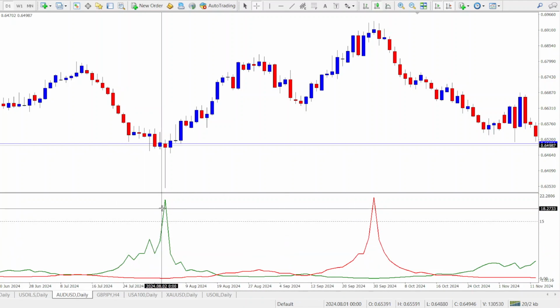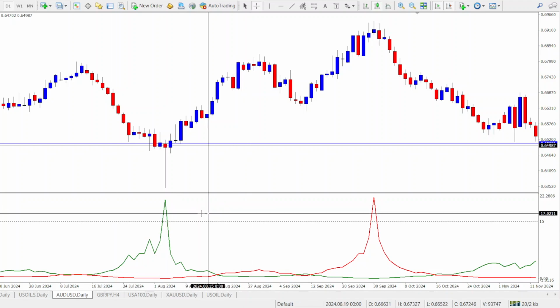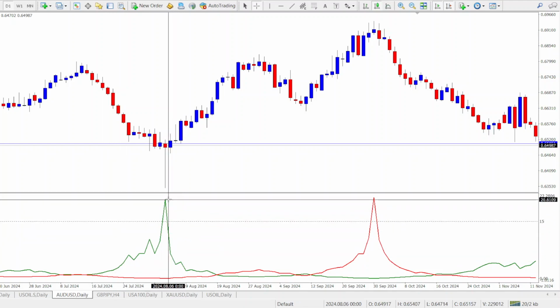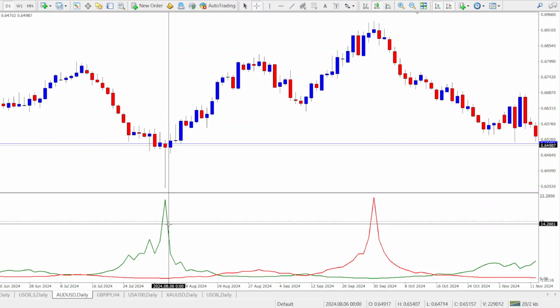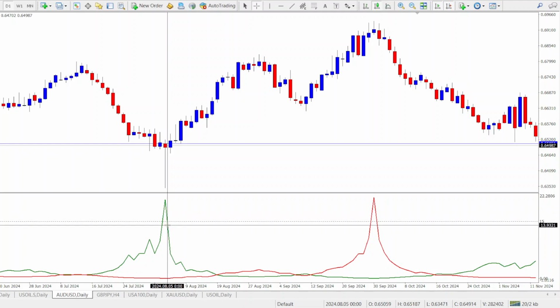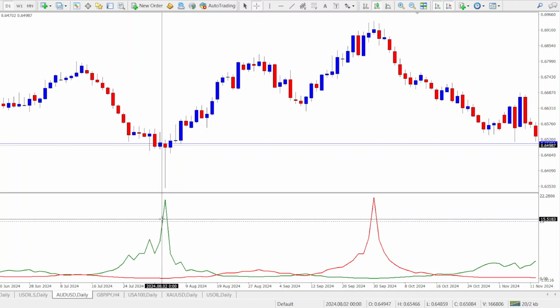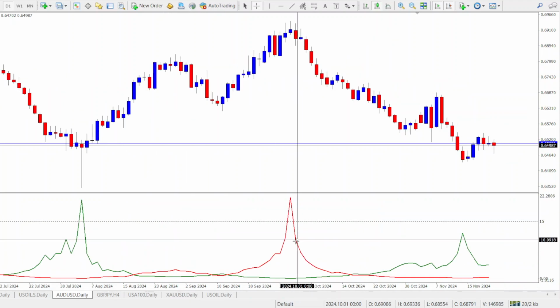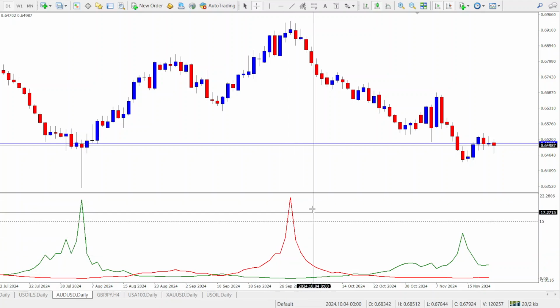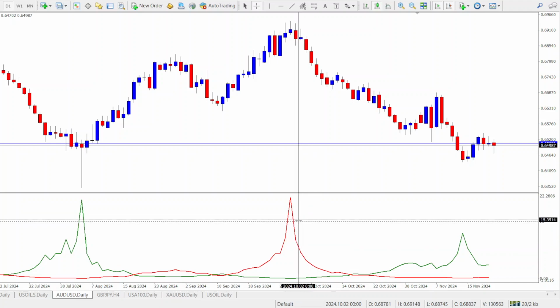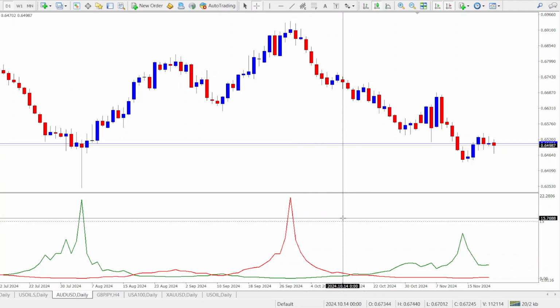The green line enters into the reversal territory, as I'm going to call it, and when it starts pointing downwards below the 15 level, as it cuts below the 15 level, once that crossover happens, then you have a buy signal. On the other hand, when the red line enters into the reversal territory and the line crosses over the 15 level downwards, you have a sell signal.